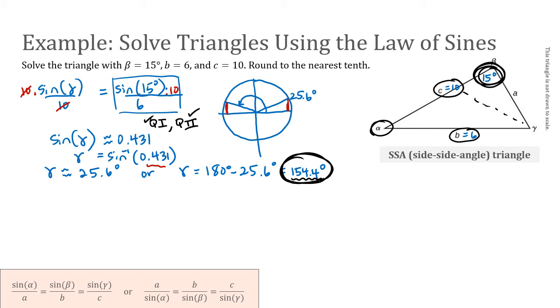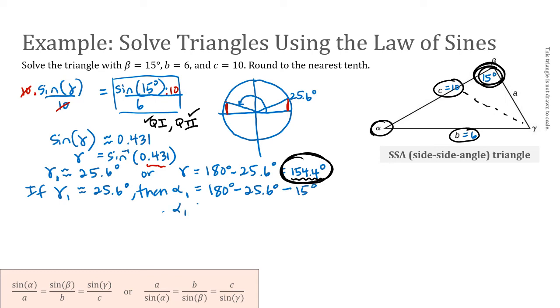So let's let the first gamma of 25.6 be called gamma sub 1. Let's write this all out. If gamma is 25.6 degrees, then alpha sub 1 is going to equal the whole triangle minus the 25.6 degrees minus the 15 degrees that was given.